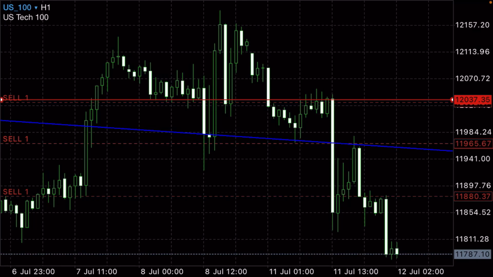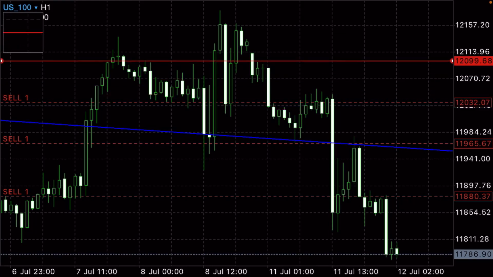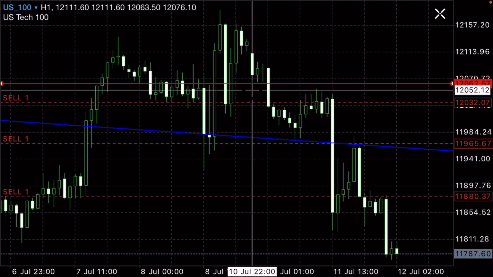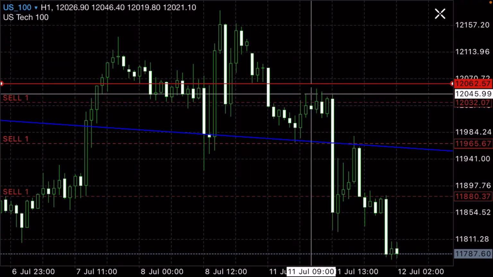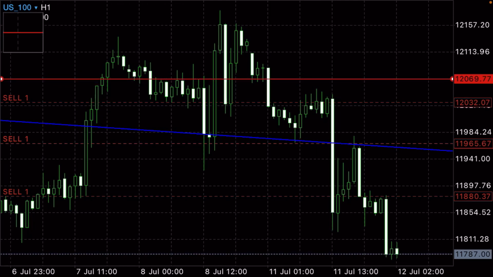So my anticipation was that this area was going to hold, and I did place my stop loss around that area, a few pips above these bearish candles. Of course, it was somewhere here. That's where my stop loss was. And then the rest is history.